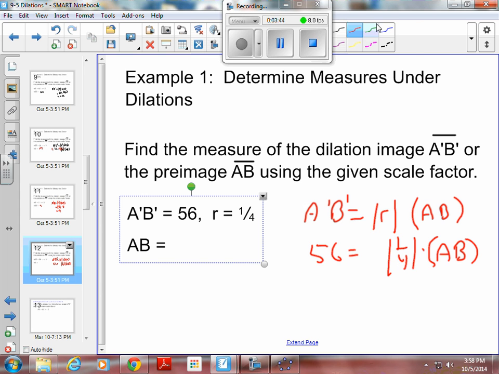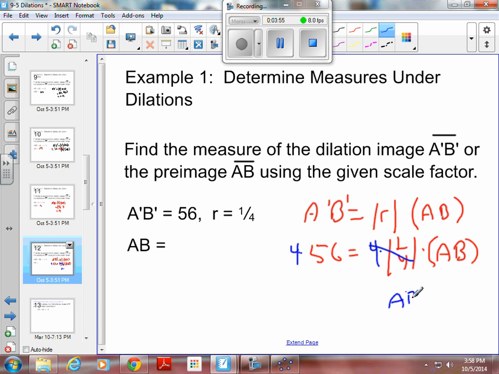And so to get rid of 1/4, you have to multiply both sides by 4. 1/4 of 4 is 1, so those cancel, and I just get my AB over here. So the length of AB is going to be equal to 4 times 56. And 4 times 56 is 224.